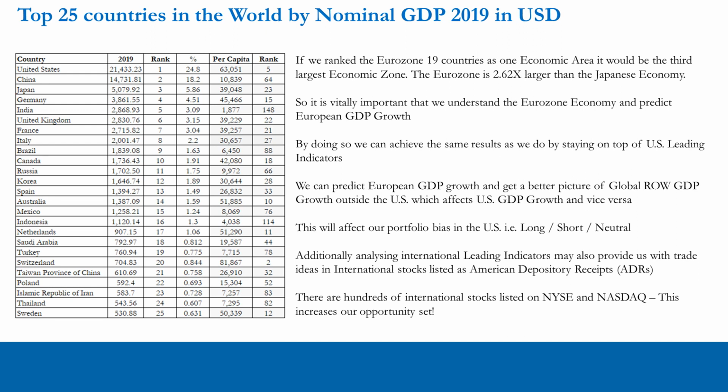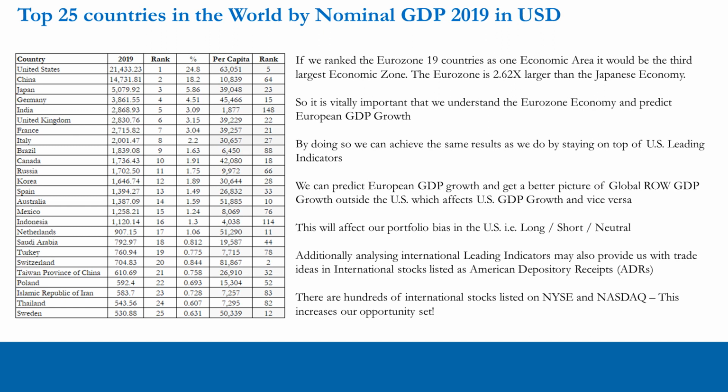If we added up all the constituents of Europe, and ranked the 19 Eurozone countries as one economic area, it would be the third largest economic zone in the world. And compared to its nearest competitor, Japan, the Eurozone is 2.62 times larger than the Japanese economy based on 2019 numbers. So it's obviously vitally important that we understand the Eurozone economy and predict European GDP growth.